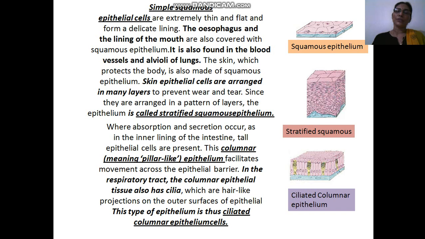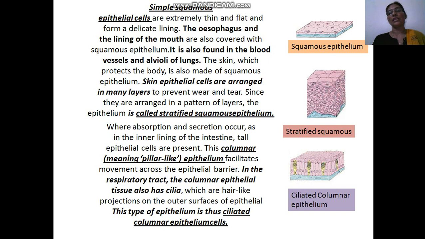And now in the respiratory tract, you can see there are cilia. Cilia are very small hairy outgrowths which help in the respiratory tract to prevent the movement of dust particles, dust or germs.